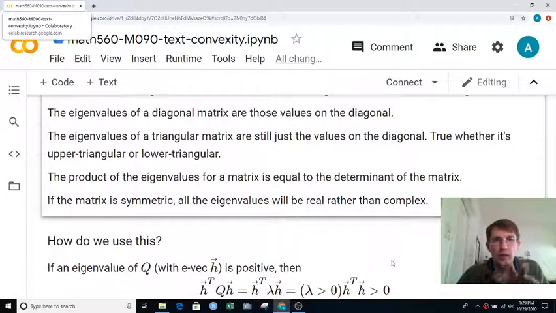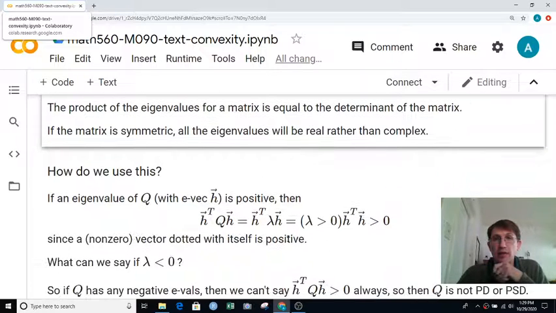So how will we use all this eigenvalue, eigenvector stuff to determine whether a matrix is positive definite or not? Well, we said if we do Q times h and get back a scalar multiple of h, like lambda h, before we called it a, but now that we're thinking eigenvalues and eigenvectors, we'll call it lambda. So if h is an eigenvector of Q, then we'd get this.